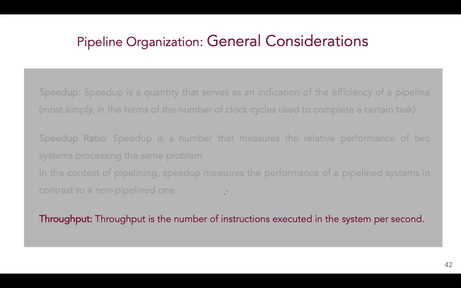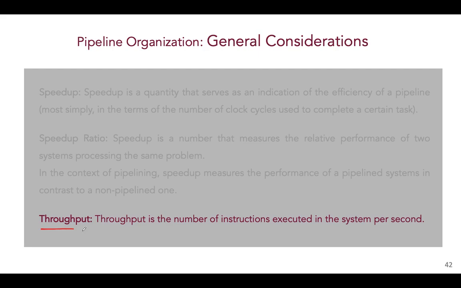Finally, we have throughput. Throughput is something that you generally might have heard in other contexts as well. It's not a concept that's specifically relevant to only pipelines. In computer systems, throughput is a metric that's measured for many different objectives.